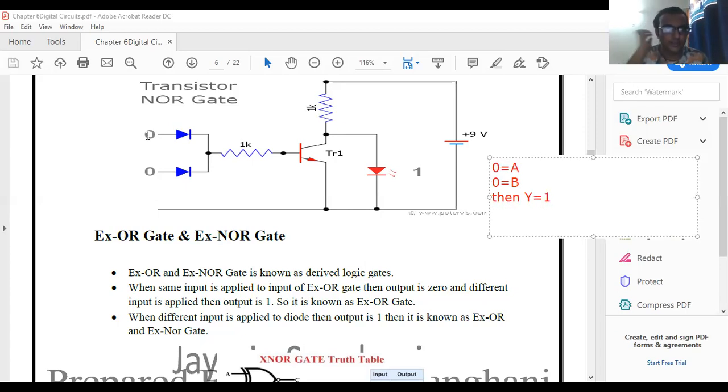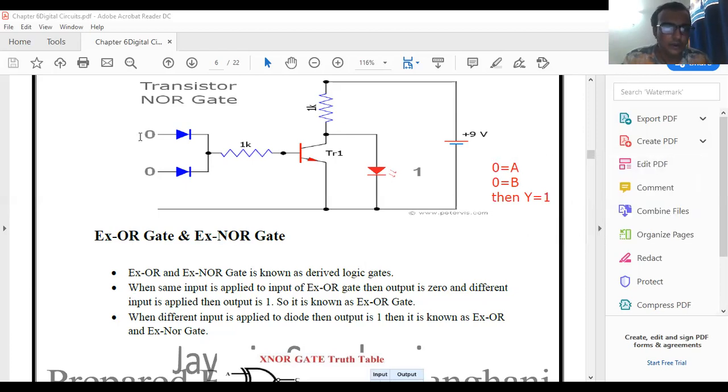Now describe the second case. If we apply 1 input here, 1 input here, and here also 1 input, then obviously the diode can be turned on. So here we get 1 volt, here also 1 volt, but with 1 volt at the base terminal, the voltage here is 0. Why? Because base and collector are opposite to each other.